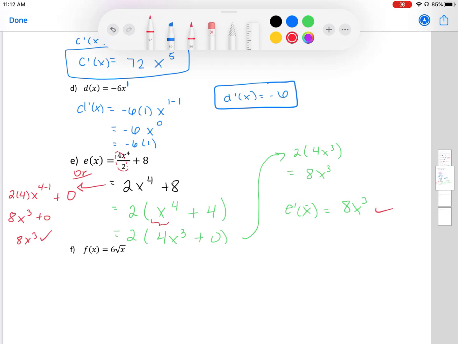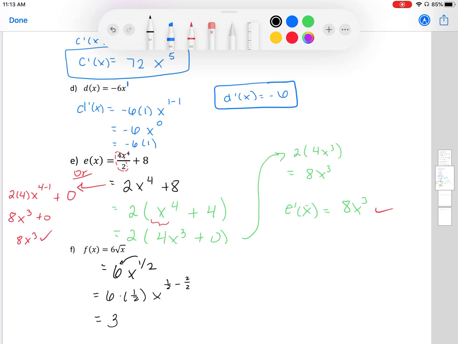Okay, F. For the next problem, whenever you have radicals, it's really helpful if you think of them as a rational exponent. And the square root is an exponent of 1/2. So looking at this, we can definitely use the power rule. So we can go ahead and bring the exponent down and then subtract 1. 1/2 minus 1. Or we can think of it as 1/2 minus 2 over 2, since that is also 1.